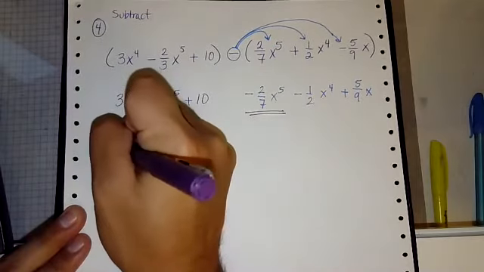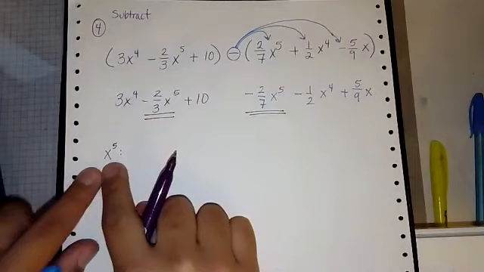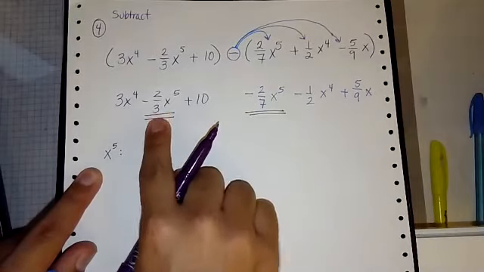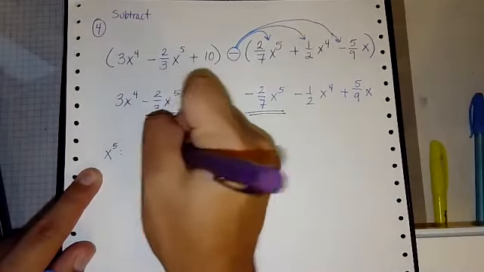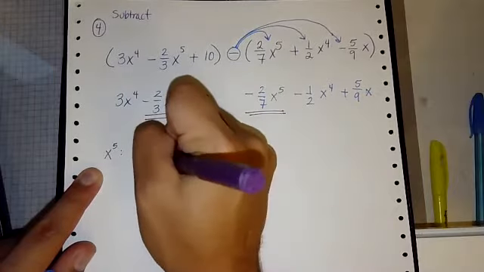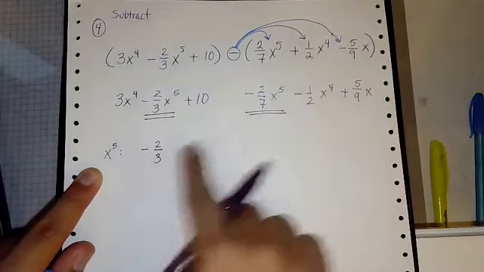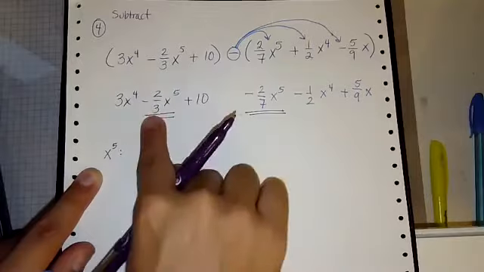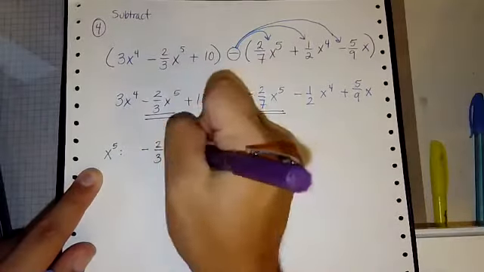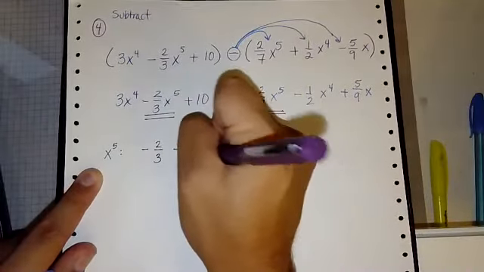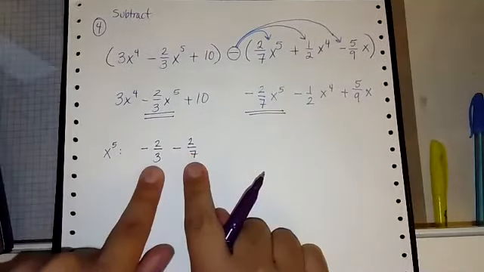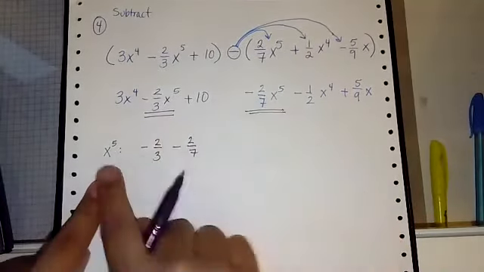I'm really just going to focus on the coefficients here. What I want to subtract is -2/3 minus 2 over 7 here, right? Because those are the coefficients that belong to x to the 5th.